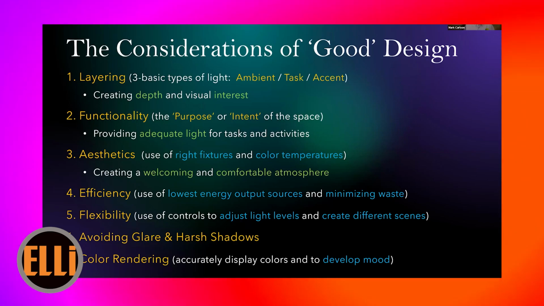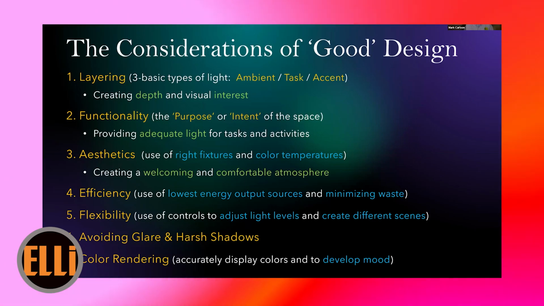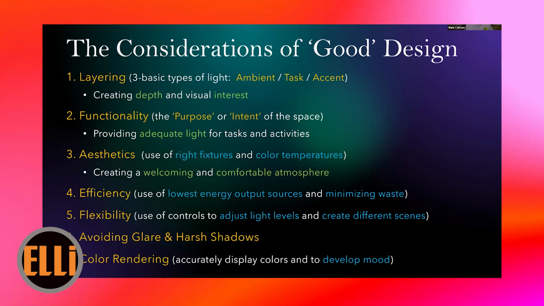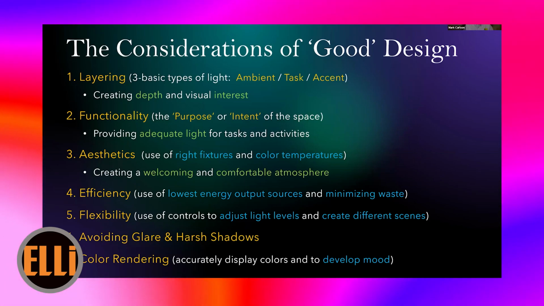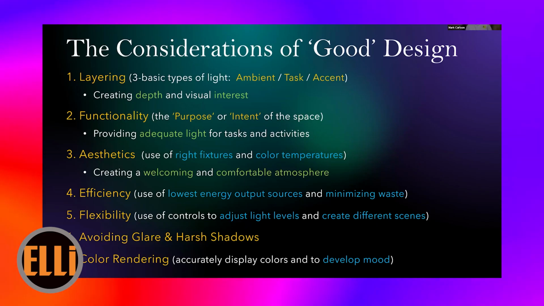That's not ideally the best way to do it because then you're using more energy, which ties into efficiency again. You want to be able to adjust the light levels. You want to be able to create different scenes through the use of controls, whether it's a manual switch or automated. There are different ways to do that.